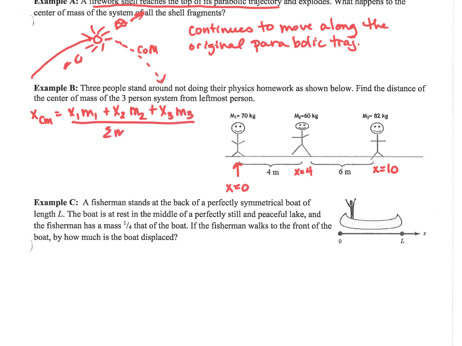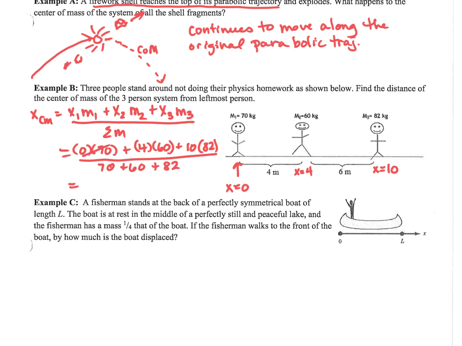So the location of the first guy is 0 times 70. This guy's location is 4, and he's 60. Next location is 10, and that's 82, divided by the sum total of their masses, which is 70 plus 60 plus 82. Now you notice that guy goes away.